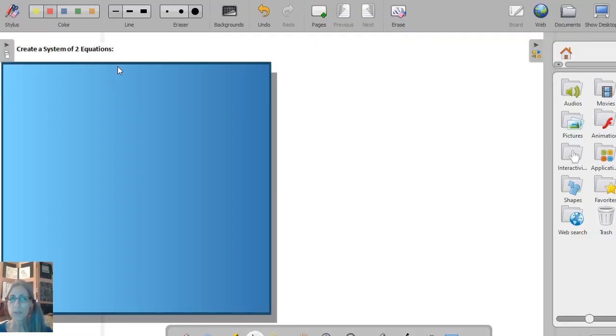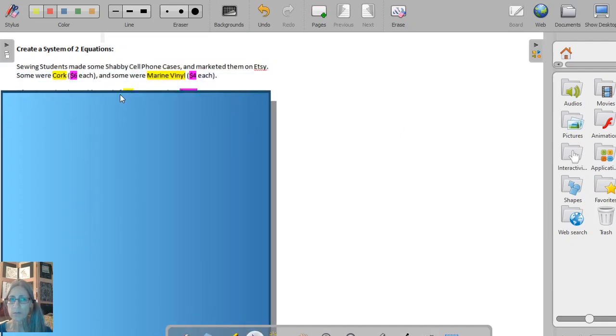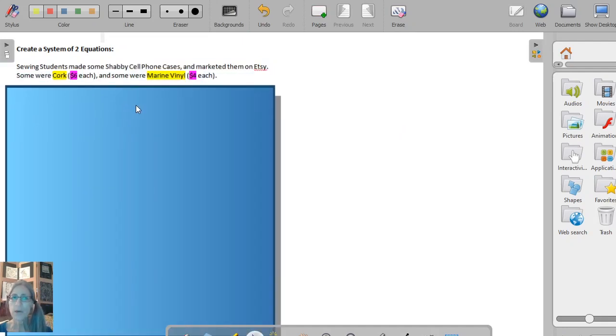Create a system of two equations. Sewing students made some shabby chic cell phone cases and marketed them on Etsy. Some were cork, made of cork fabric, $6 each. And some were marine vinyl, $4 each.